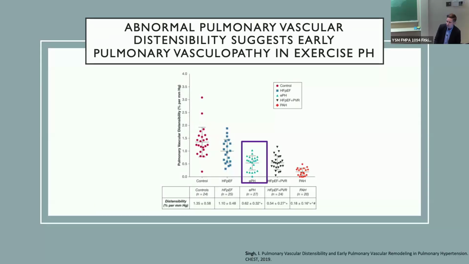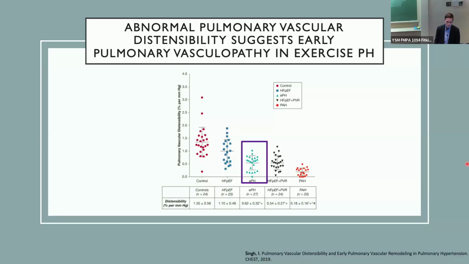The assessment of pulmonary arterial compliance and pulmonary vascular distensibility has also aided in explorations about whether exercise pH represents an early form of pulmonary vascular disease. It's been shown that patients with exercise pH or mild pH have reduced compliance, which suggests that compliance decreases prior to the overt appearance of pulmonary hypertension, and may support the notion that vessel stiffness contributes to the progression of disease by increasing things like pulse pressure and augmenting pulmonary artery dilation.